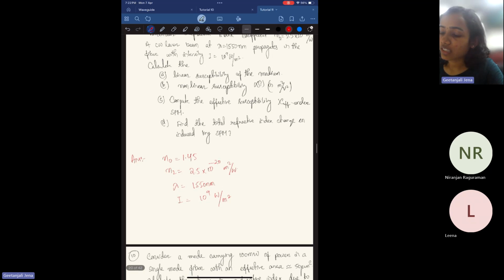The first question is: find the linear susceptibility of the medium, and the nonlinear susceptibility due to the Kerr effect, compute the effective susceptibility, and find the total change in refractive index due to self-phase modulation.